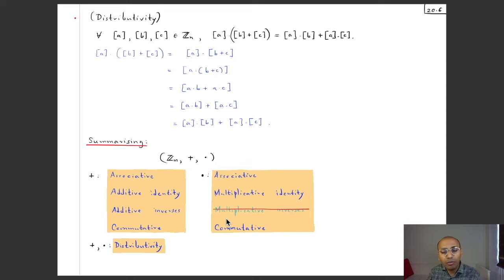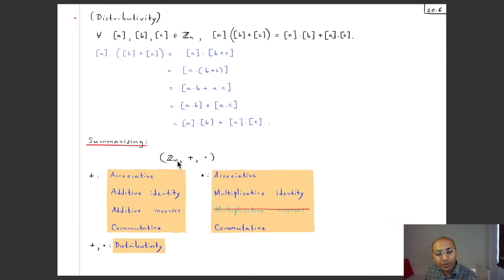And we also know that multiplicative inverses of non-zero elements may not exist in general. We saw an example when n was equal to 6. So Zn together with these two operations has all the properties demanded of a field, except that multiplicative inverses are not always guaranteed to exist.